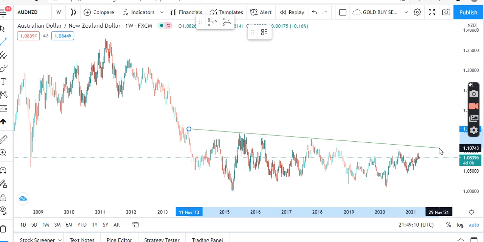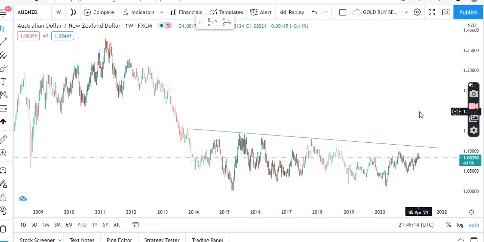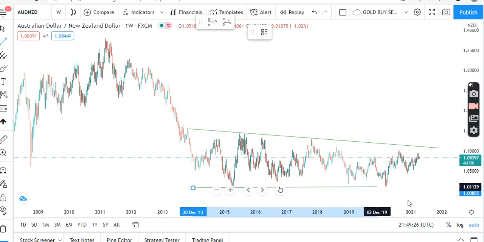You get my point. So I'll get my resistance there, and I also mark the bottom. So this one is actually a channel, right? So this is the channel. We have a top and we have a bottom.